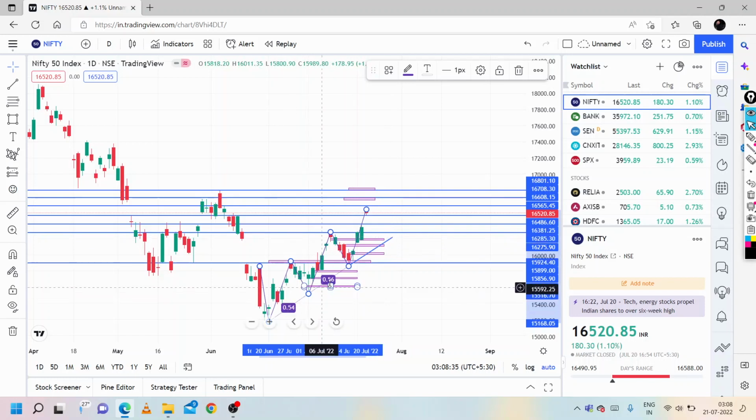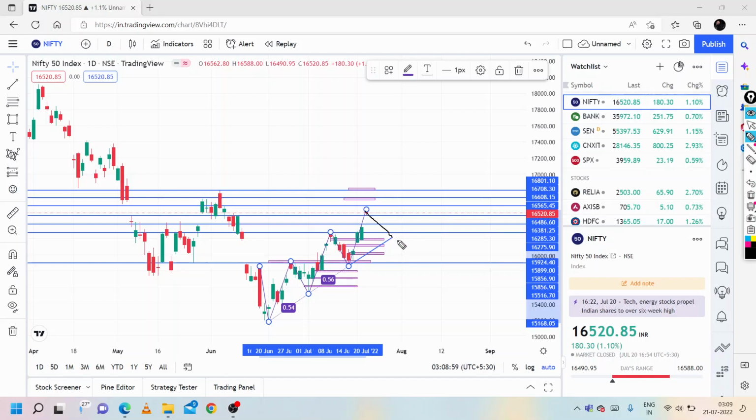So I have put the same line with the same 0.54, 0.55, and it comes somewhere around 15,210 to 15,220. So I suppose that if the market falls from here, it can come down and kiss the 15,200 level.